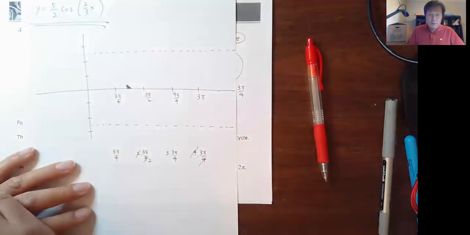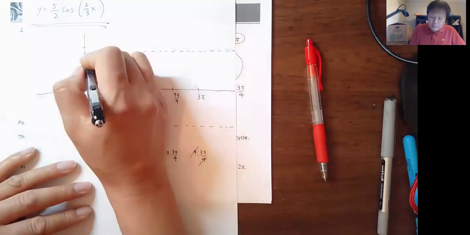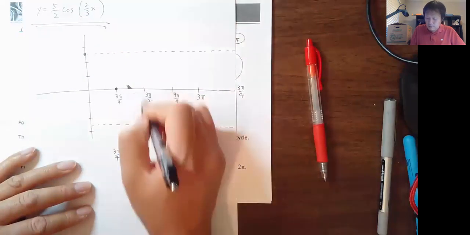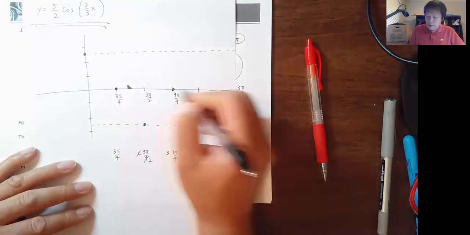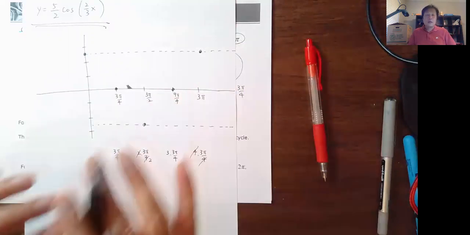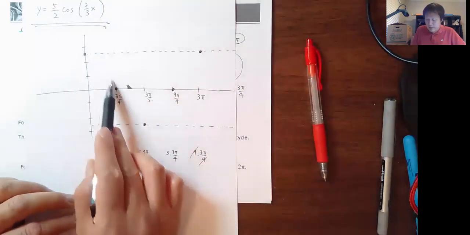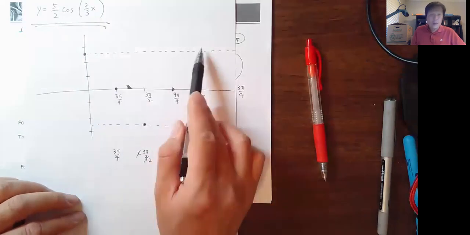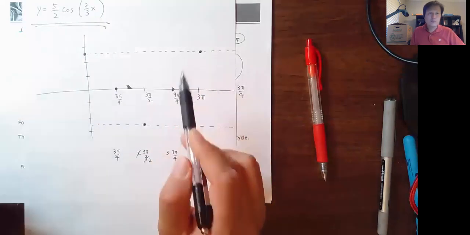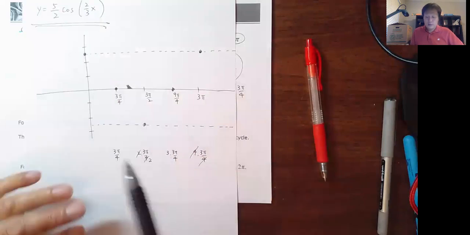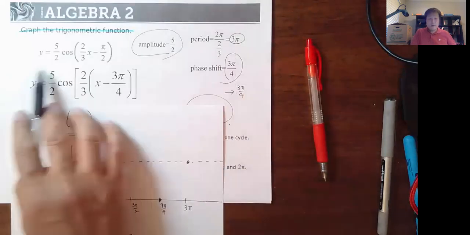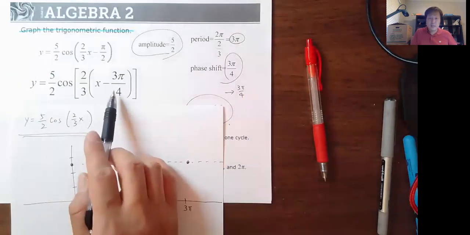Cosine, do you remember? Cosine graph starts from the maximum, middle, minimum, middle, maximum. If there's no phase shift, you will connect these 5 points nicely and you will be done. Do you remember? This graph has a phase shift in it.